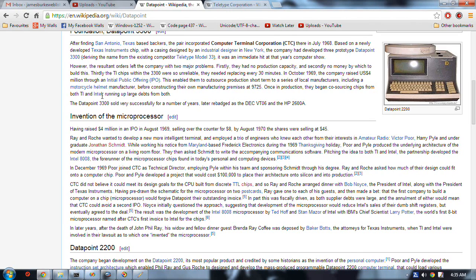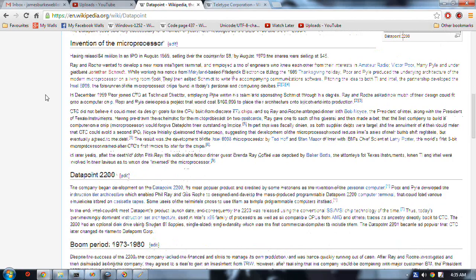And this has a funny ending too. Texas Instruments and Intel eventually get into a legal dispute over who invented the microprocessor. Anyway, so it sold pretty well for a while, right? Then they decided to make one that was a little bit more intelligent.